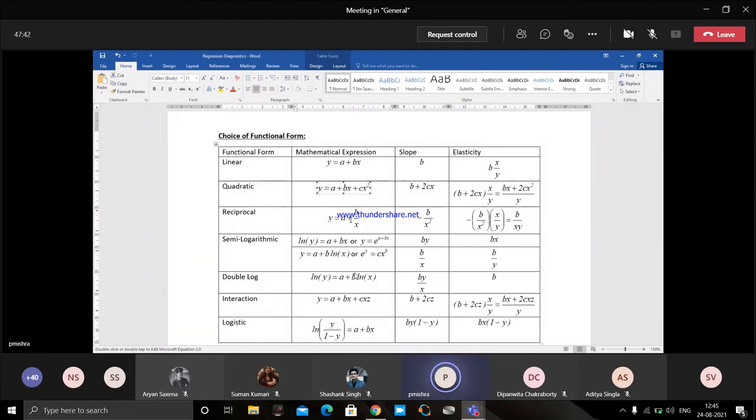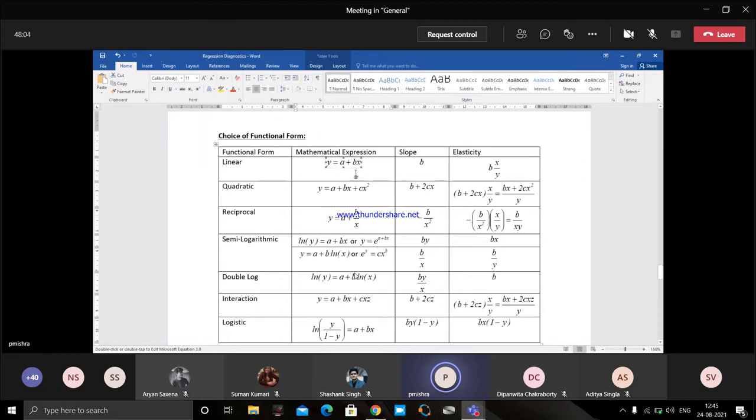Now, another example, say y is equal to a plus b by x, reciprocal. I discussed this part in econometrics 1, if you can recall. I think I had given you a question also, if I'm not wrong, that there are two alternative specifications in estimating a demand function.